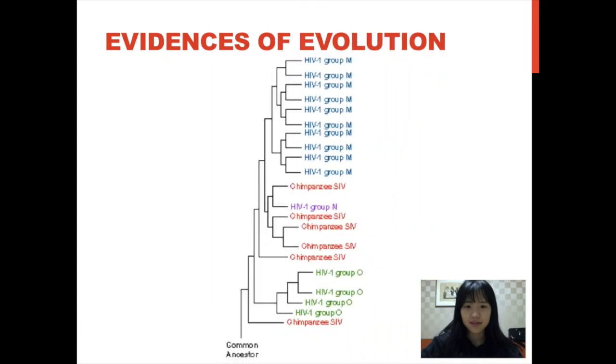The third example is that drug-resistant viruses spread quickly when each of the patients was treated with the anti-HIV drug 3TC, and within a few weeks, 3TC-resistant organisms made up 100% of the virus population in each case.